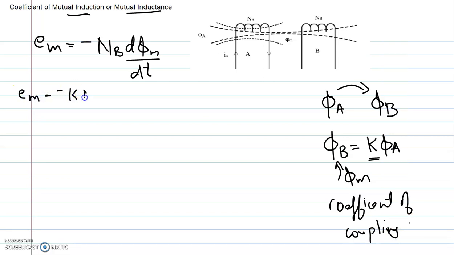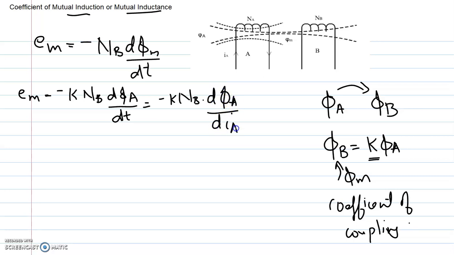Now, therefore, I can write EM as minus K into NB into d phi A divided by dt, which is nothing but minus K into NB into d phi A by dIA into dIA by dt. We did this in the earlier equation also. So EM can be written as minus M into dIA divided by dt.